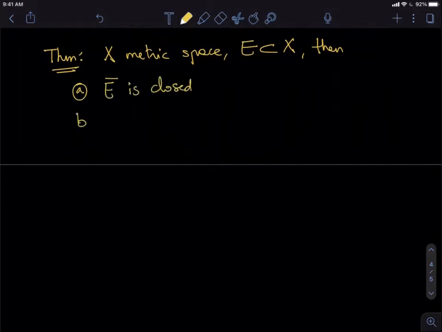So the closure of any set makes it closed. You can take an open set, add the closure, and it becomes closed.